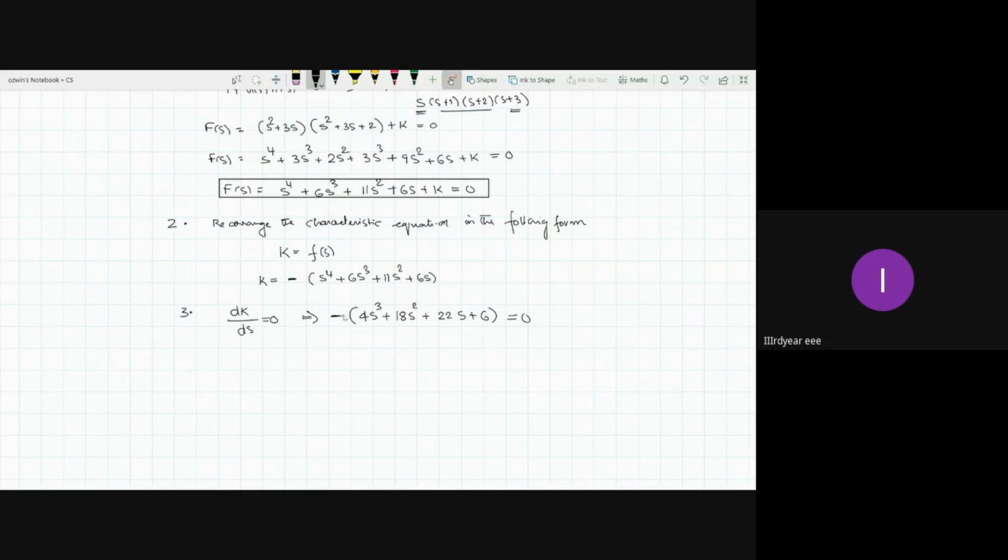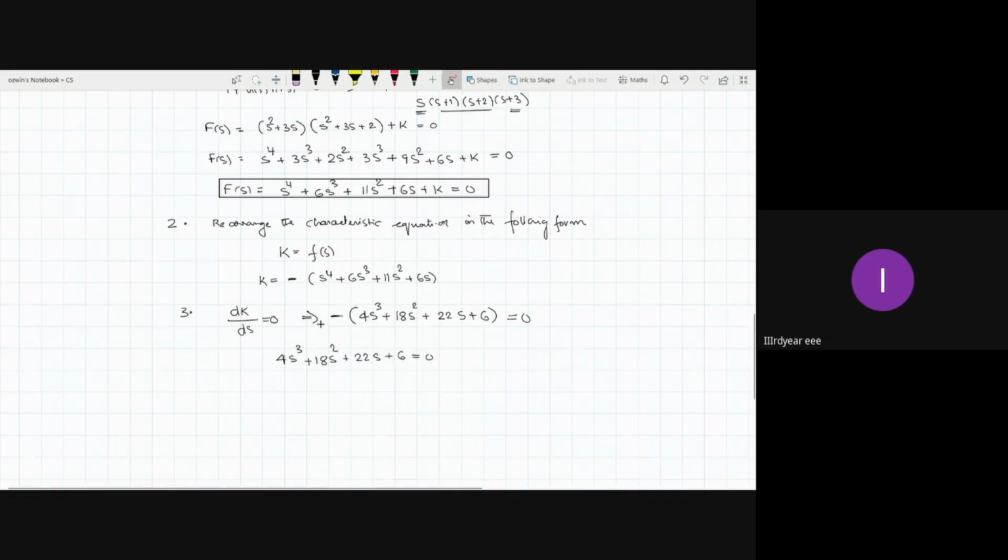So obviously this negative sign is going to get absorbed, right? So basically you are left with 4s cube plus 18s square plus 22s plus 6 is equal to 0.